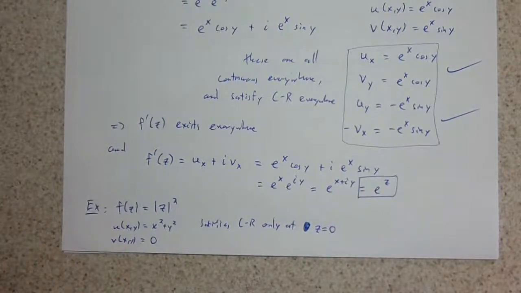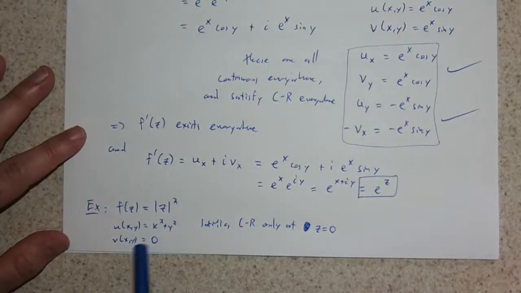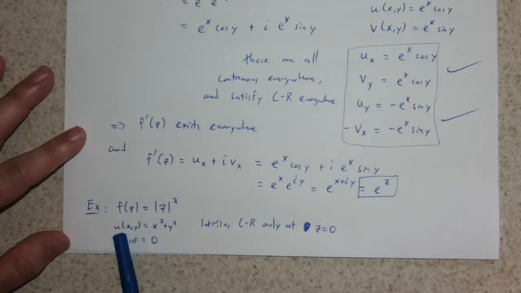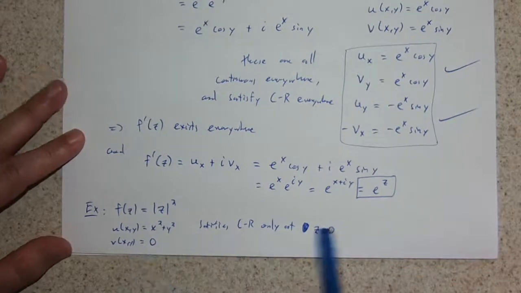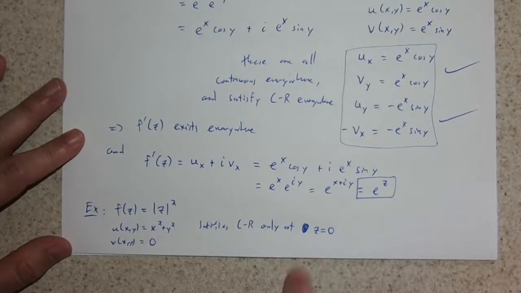But the partials here are all continuous, right? The x and y partials of v are both 0, because it's just a constant function of 0. The x and y partials of u are 2x and 2y, respectively. So all those are continuous everywhere. They only satisfy Cauchy-Riemann, however, at z equals 0.